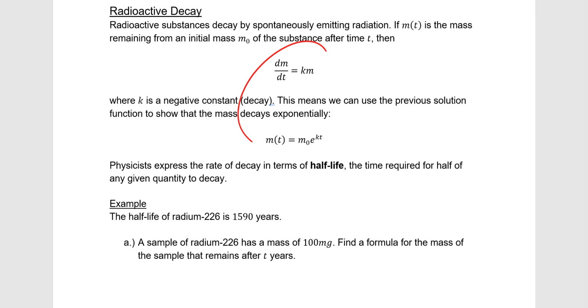So hopefully you can see how this just keeps repeating itself. We're just using different variables. And I'm sure as some of us have heard, physicists and chemists express the rate of decay in terms of a half-life. And a half-life is going to represent the time required for the substance to decay to half of its original amount.